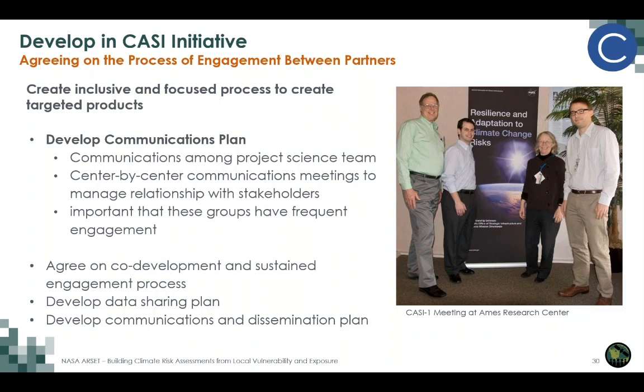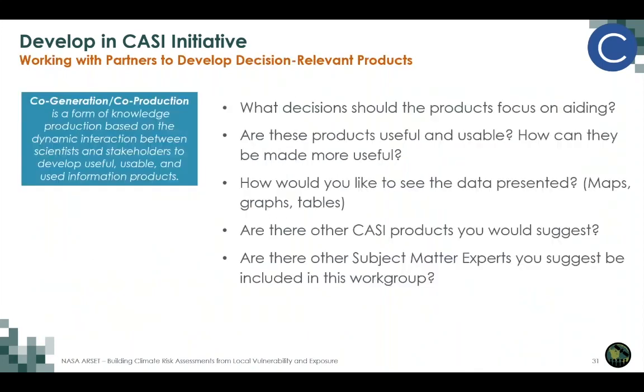Finally, the dissemination of findings and updates will be executed through a multi-channel approach, including reports, meetings, emails, etc. To create decision-relevant products, CASI developed several survey-like questions for stakeholders to understand the decision-making process.